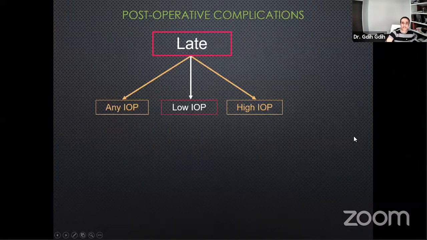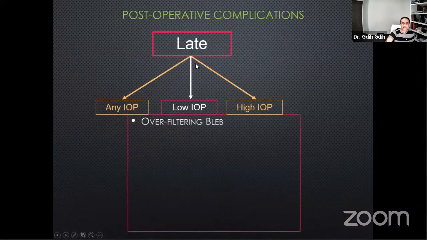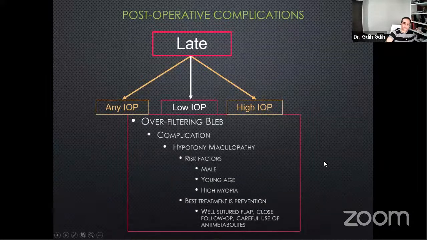Okay, so now late and low IOP. It can be an overfiltering bleb, even late. What you get from that is hypotony maculopathy. Risk factors for this are male patients, young, high myopia. Best treatment is prevention.